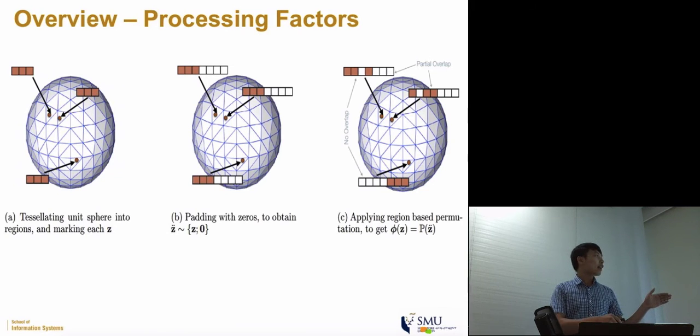So you get a k-dimensional vector, and by adding more zero values you get a p-dimensional vector. Okay, and now you get this new sparse vector, right? You apply the permutation associated with the particular region to get the new sparse vector.